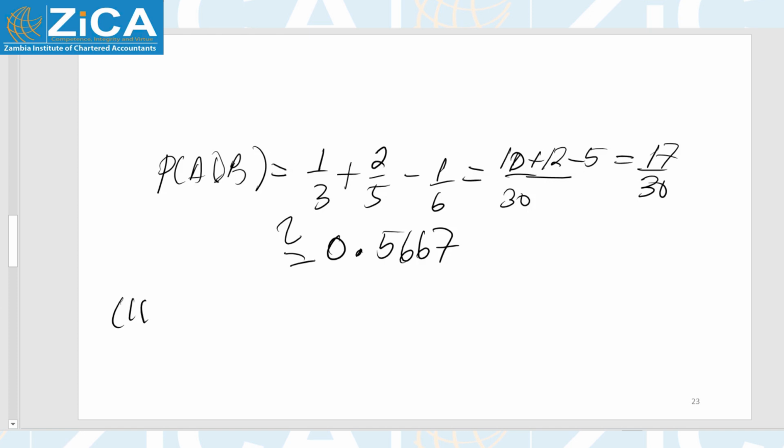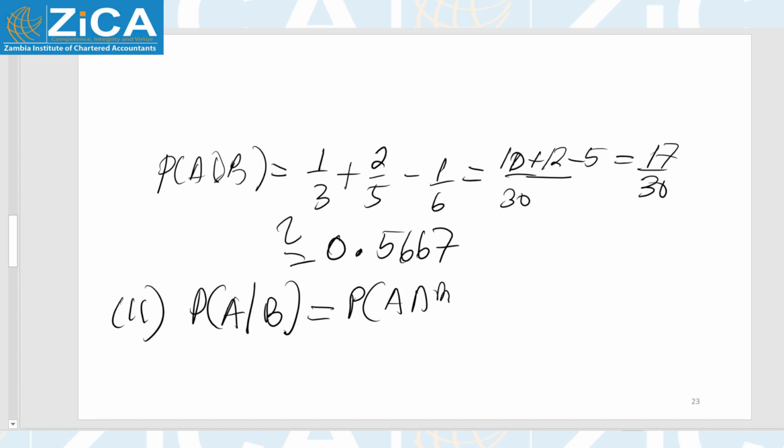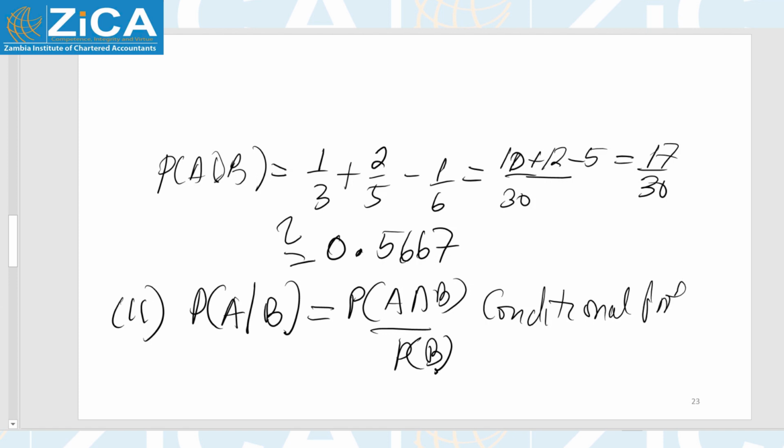In Roman numeral 2, you are required to find the conditional probability. Given B, what's the probability of A? By definition, the conditional probability of A given B will just be probability of A intersect B over probability of B. This is conditional probability by definition.